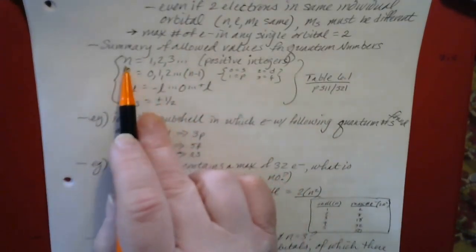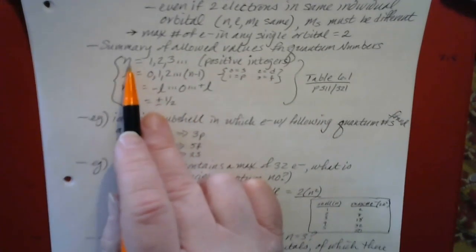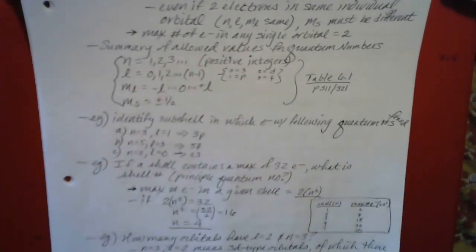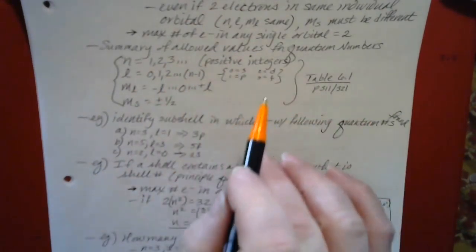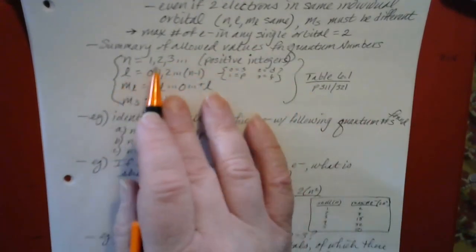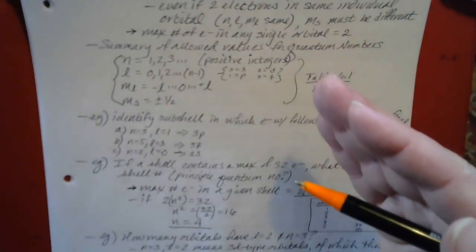So possible values for n, the principal energy level, or the shell number, are just positive integers. Any positive integer, 1, 2, 3, 4, 5, 10,000, theoretically is possible, onto infinity. Values for all of the other quantum numbers depend on the value of the previous quantum number, though.